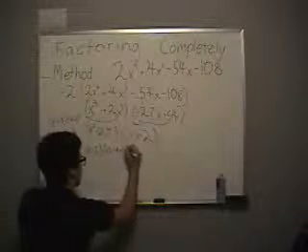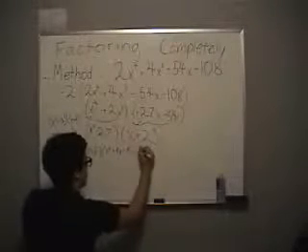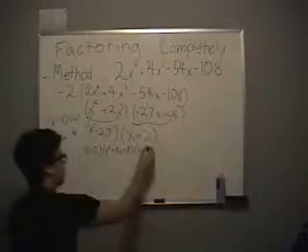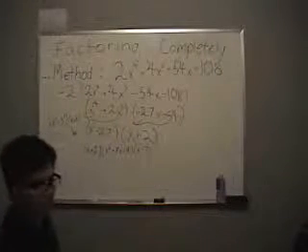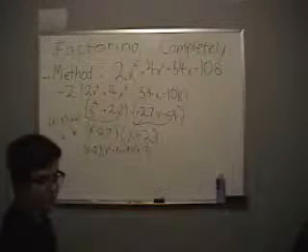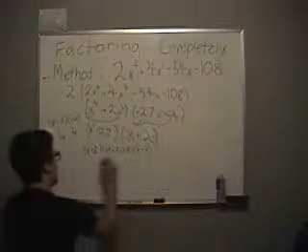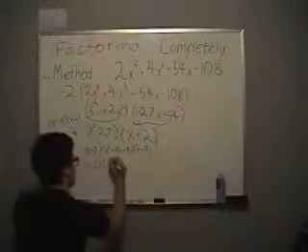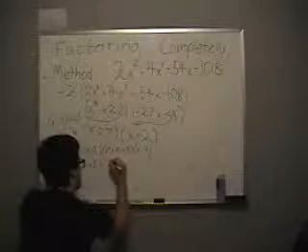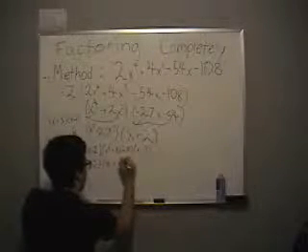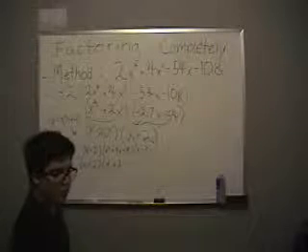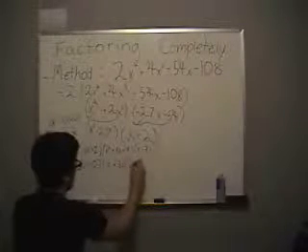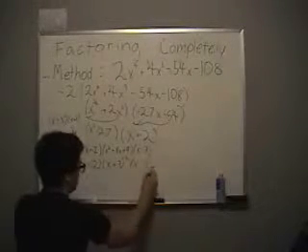Once you rewrite the equation, you find the similar terms in each and find the basic square from each term. The answer should give you x plus 2 parentheses x plus 3 parentheses squared x minus 3. After those terms are found, you have your final answer.